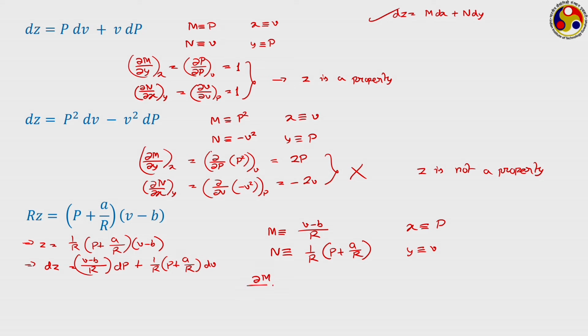So, if you calculate dou M dou Y maintaining X constant, then what will be that? Your Y is V, so it will become 1 by R. Similarly, if you calculate dou N dou X keeping Y constant, your X is P. So, if you differentiate N with respect to P, then again you are going to get 1 upon R. So, these two are equal, that means here Z is a property.